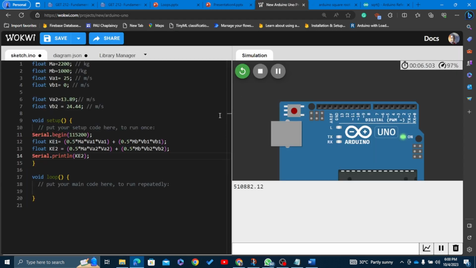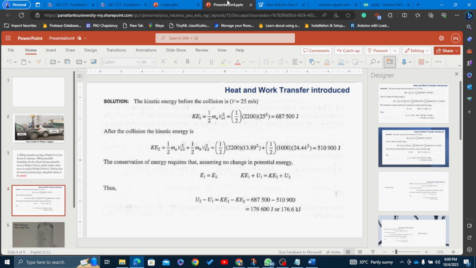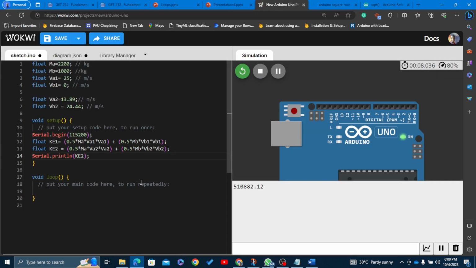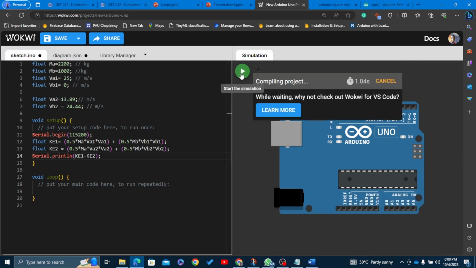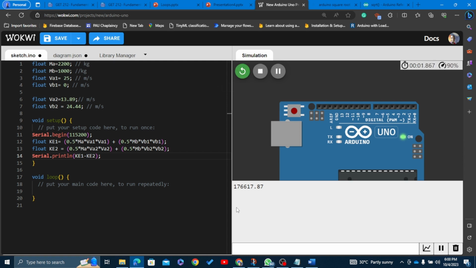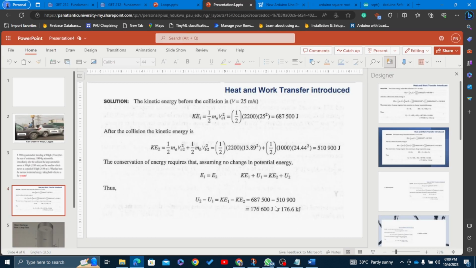The next thing to do for the final answer is just to minus the two of them, KE1 minus KE2. So you get the final answer, which is around 176,000, which is similar to what we have here.